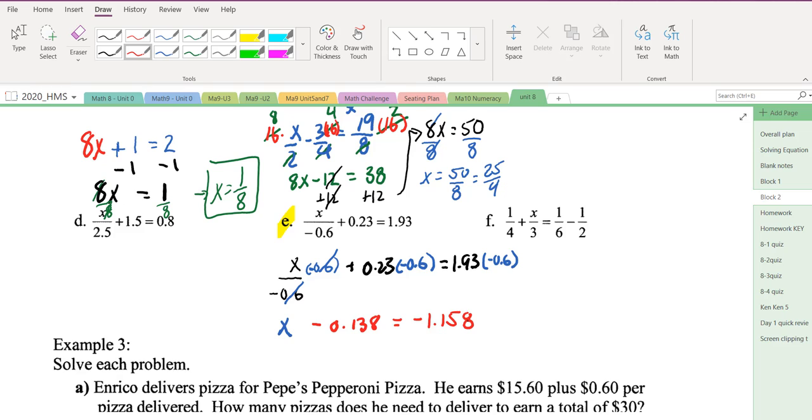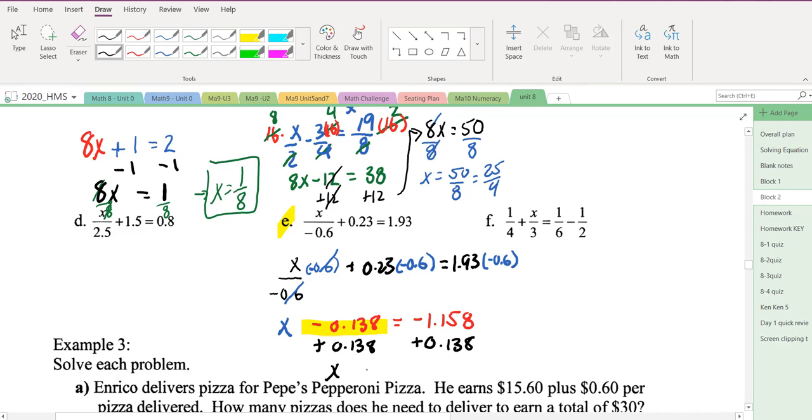Okay. So next, you need to get rid of this negative 0.138. So Lyndon, are we adding or subtracting here? Adding. Yeah, we need to do the opposite. So we add 0.138. And whatever we do to one side, we have to do to the other.